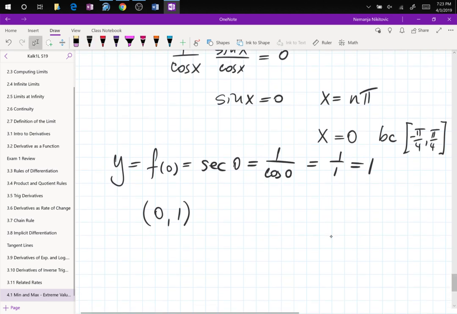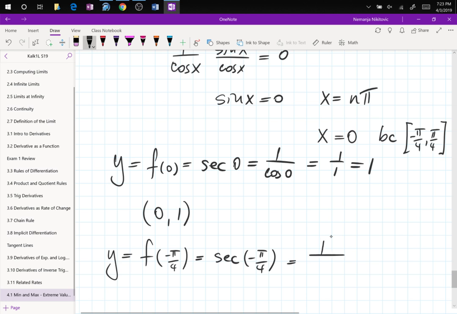Now we calculate the endpoints. So y is going to be f of negative pi over 4, which is secant of negative pi over 4. Secant is 1 over cosine, so 1 over cosine of negative pi over 4.